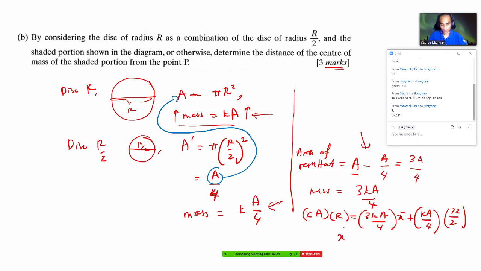This is the x that you want to find. This part is important. x equals 5R divided by 6. So the whole thing is 3 marks.